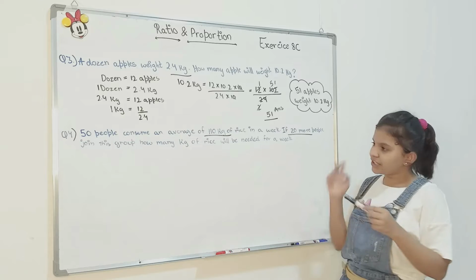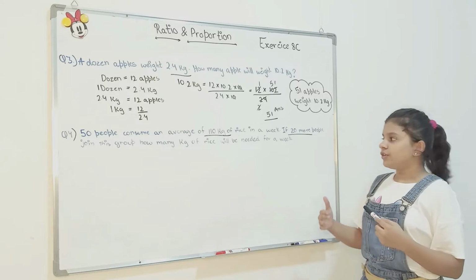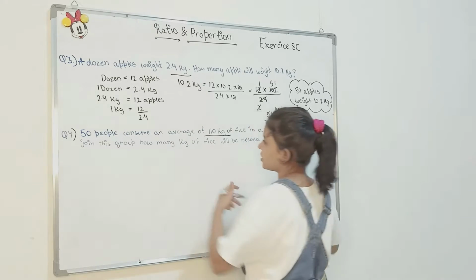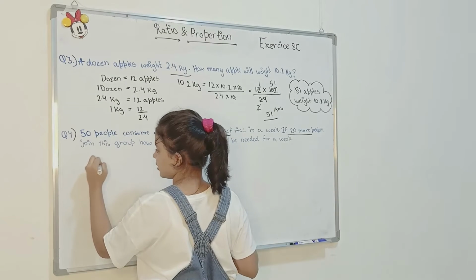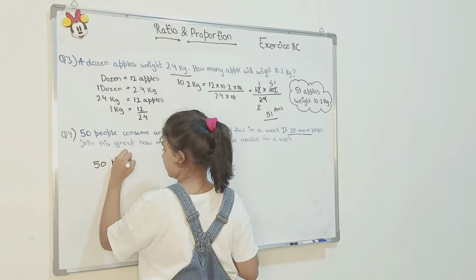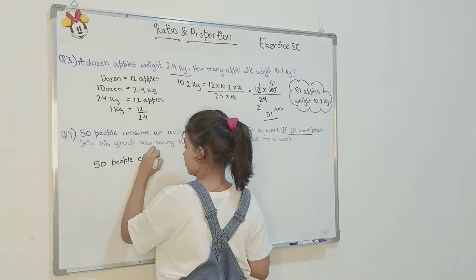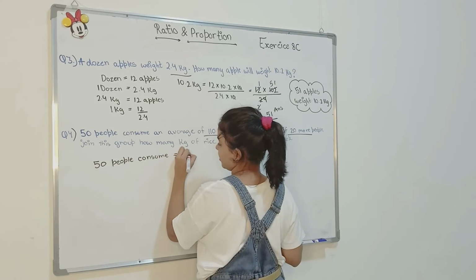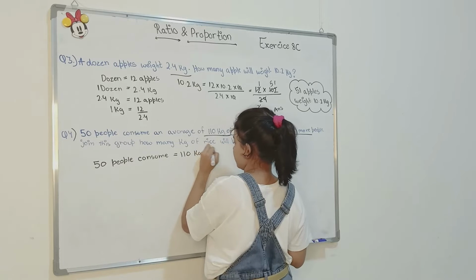After that, if 20 more people join their group, how much rice will they need in 1 week? So first we'll write 50 people consume is equal to 110 kg of rice.